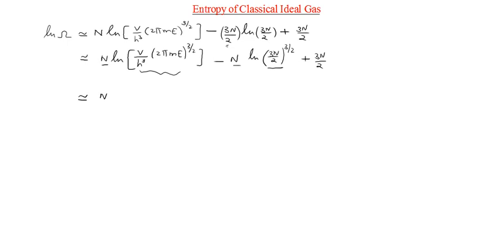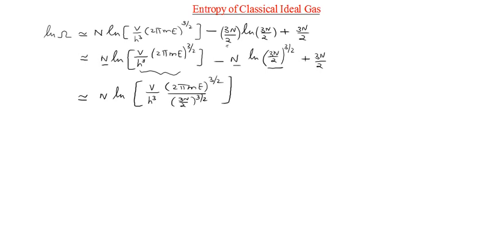So I can write n log, combining the first and second terms, of V by h cubed, 2 pi m e, raised to 3 by 2, divided by 3n by 2 raised to 3 by 2. It's a bit lengthy but doesn't matter. Can't you see that both of them have a common term?